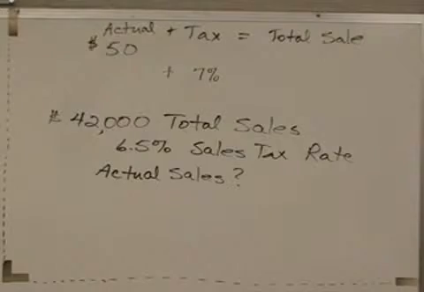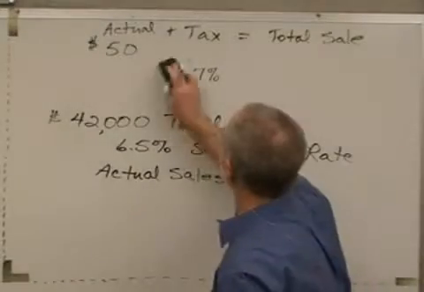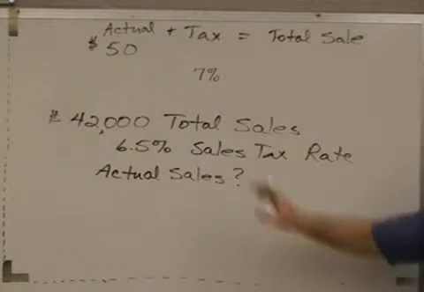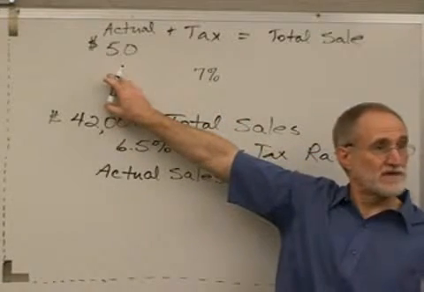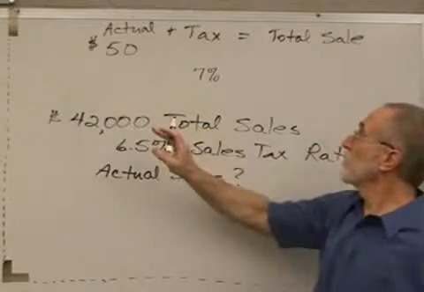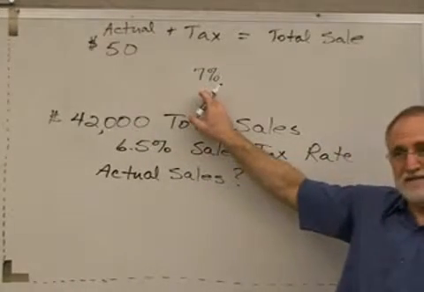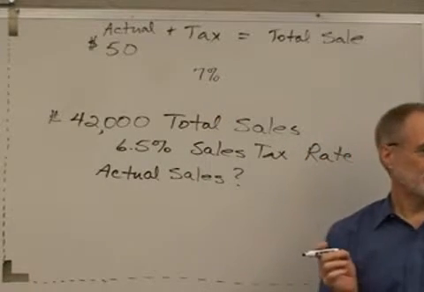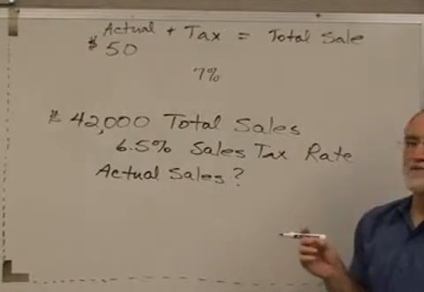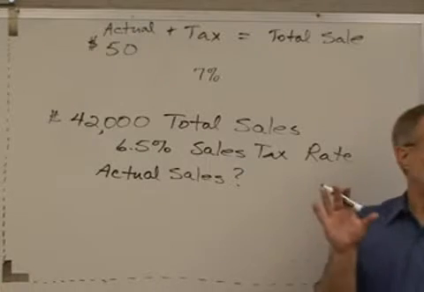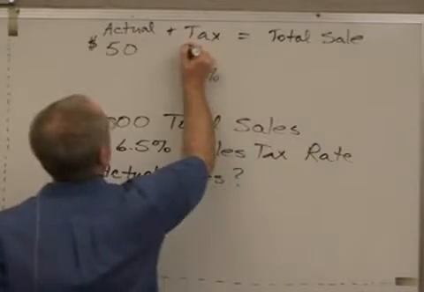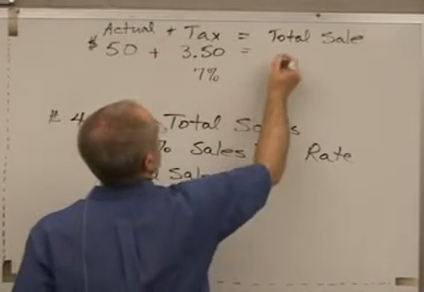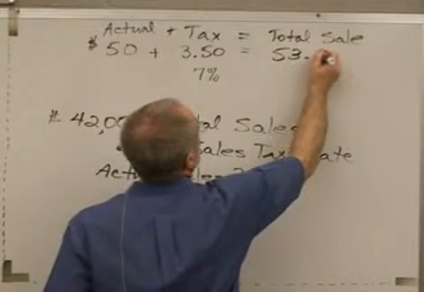That 7% would be 7% of what? That would be 7% of the $50, wouldn't it? And of means times. So take $50, multiply it times 7%, and that gives us the sales tax for a $50 actual purchase. Everybody get $3.50? Okay, now, if we add those two things together, that's our total sales.